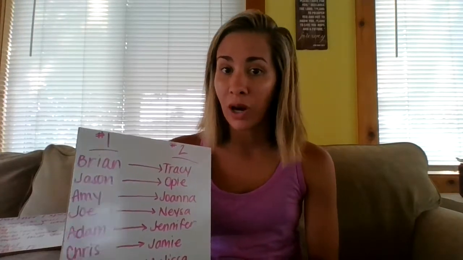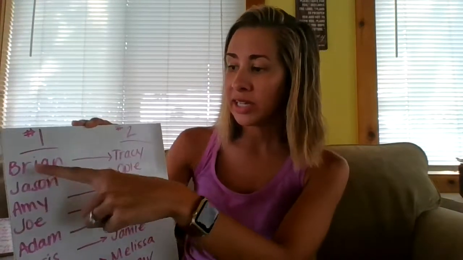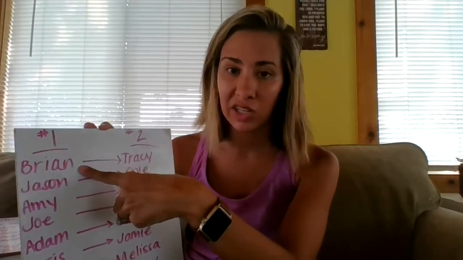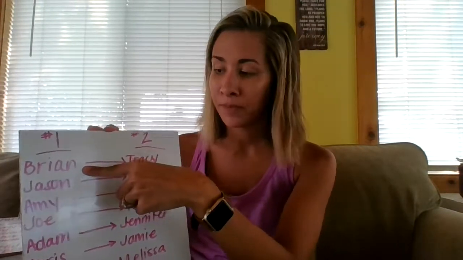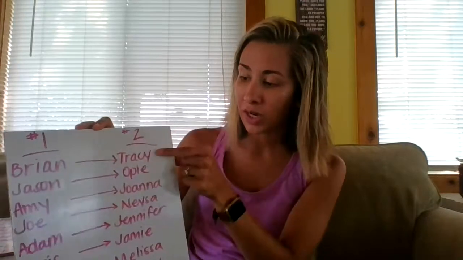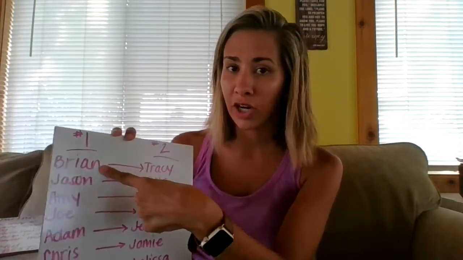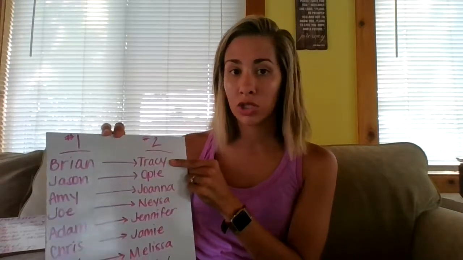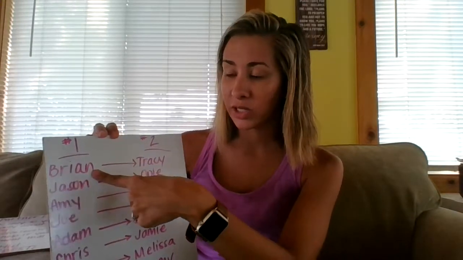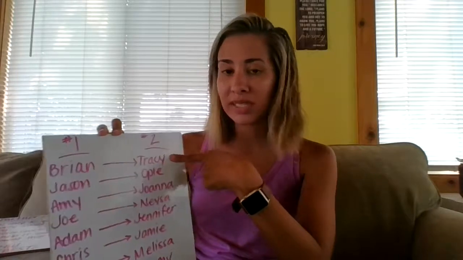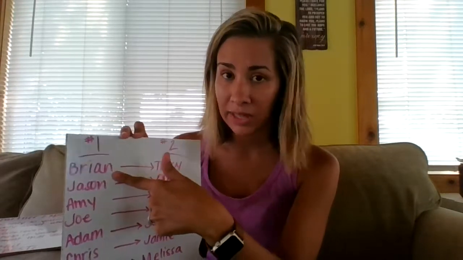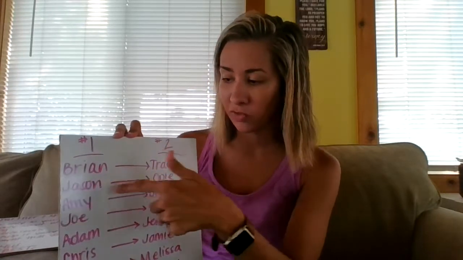So if Brian is starting, he's going to be reading the first paragraph in Imaginary Fred. The second paragraph, however, Tracy will be reading. So when Brian's reading the first paragraph, Tracy's going to be the coach. When Tracy's reading the second paragraph, Brian's going to be the coach. And same thing for each of you guys.